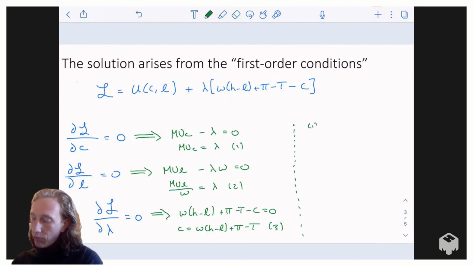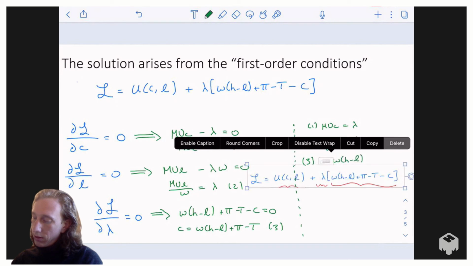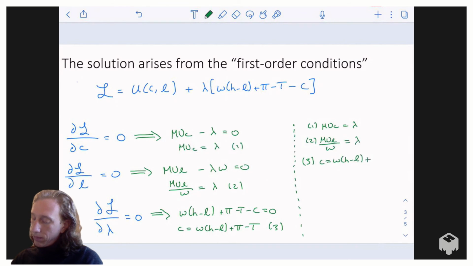So our three conditions are: 1, the marginal utility of consumption is equal to lambda. 2, the marginal utility of leisure divided by the wage is equal to lambda. And 3, just our budget constraint. And those now become our three conditions for optimality.